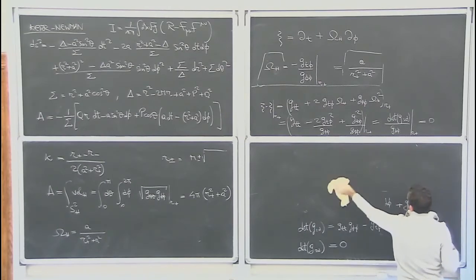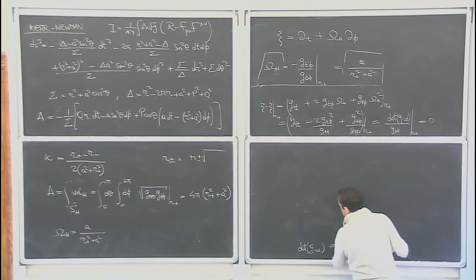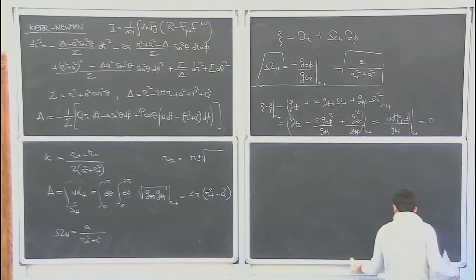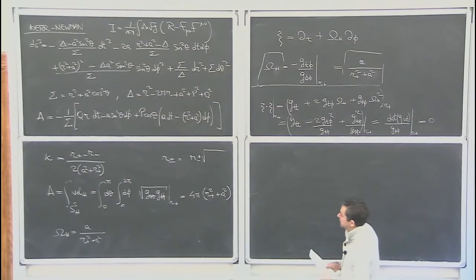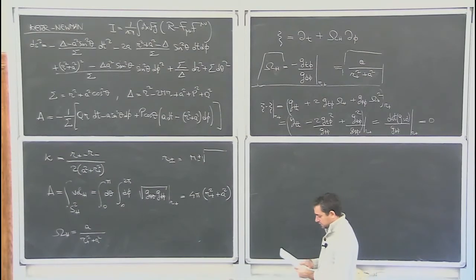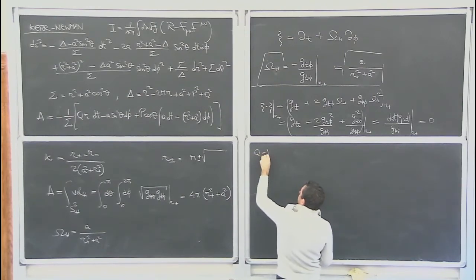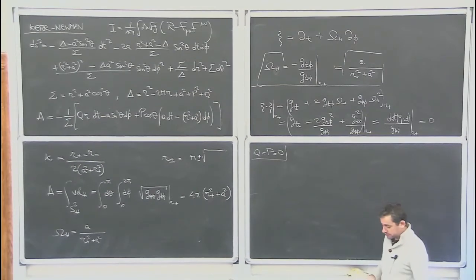So we have found omega, we have found the area, we have found the surface gravity, the mass is m, the angular momentum is a times m, and so we want to check this Smarr relation. Let me do this by switching off the charge, so that we don't have the extra contribution from the electric charge.